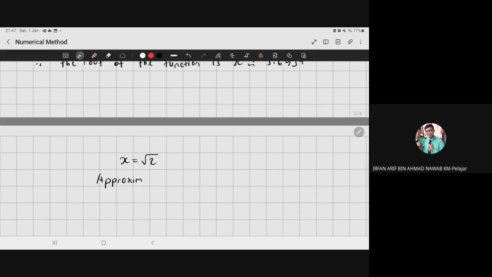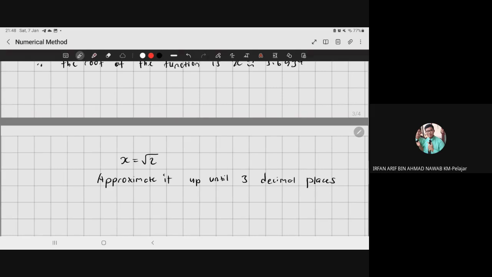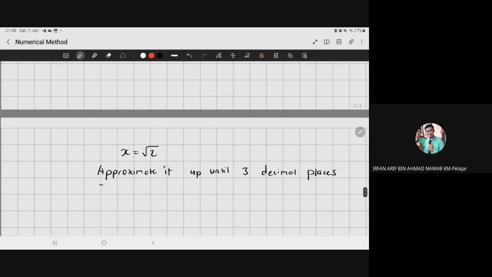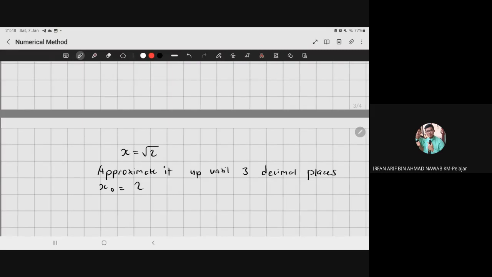Approximate it up until 3 decimal places. For our first approximation, let's take the value 2. That's our initial value to approximate it.